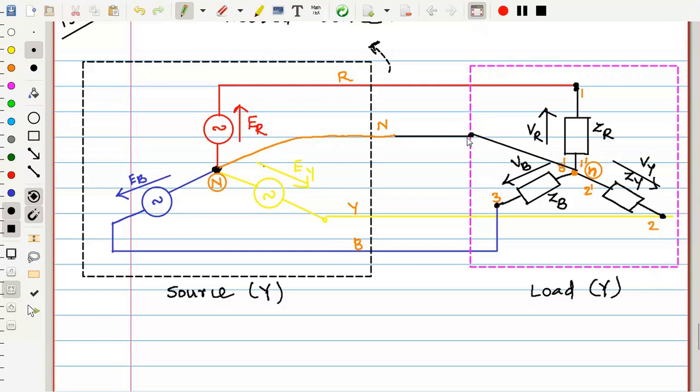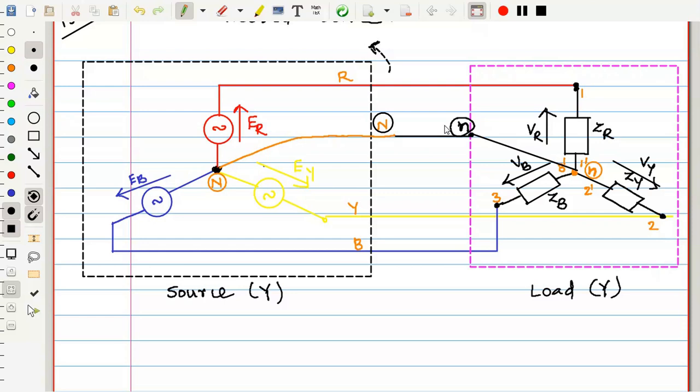So it is a bare simple conductor joining the source neutral capital N and the load neutral small n. We will understand why we connect this, and what it signifies, a little later.